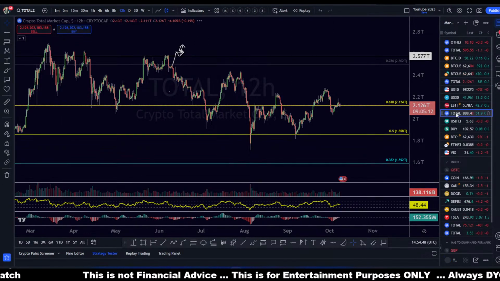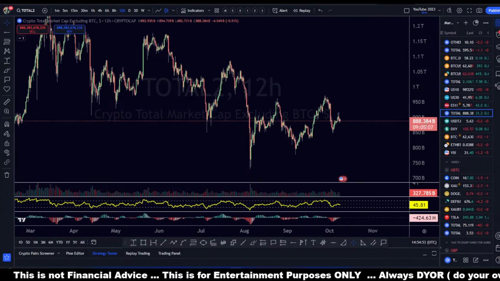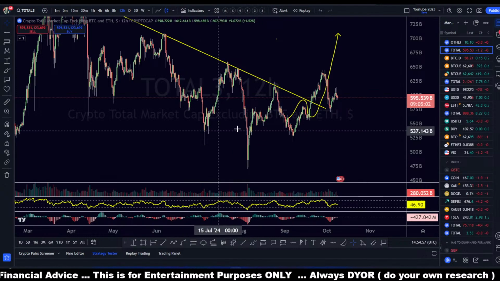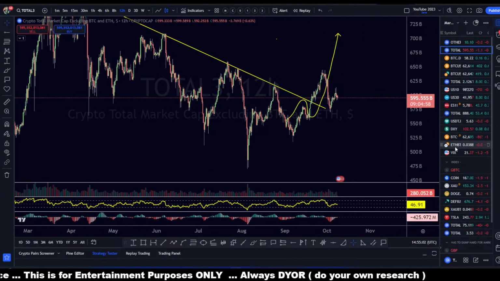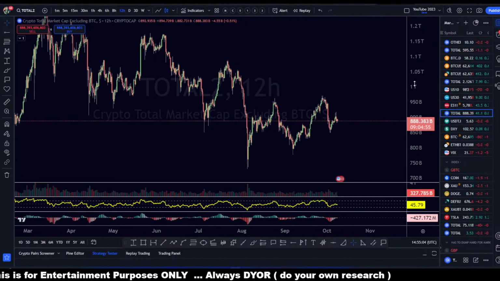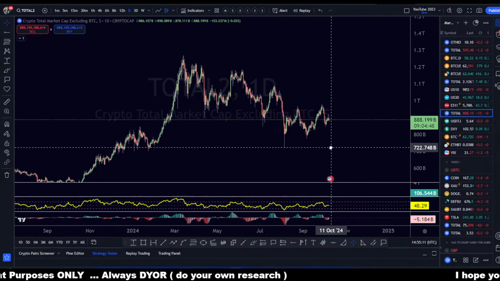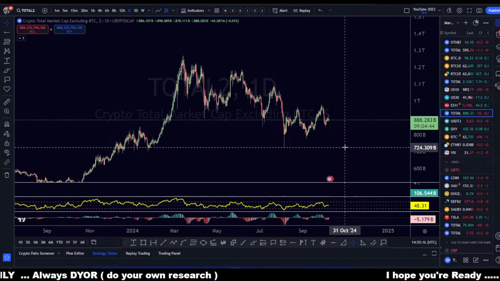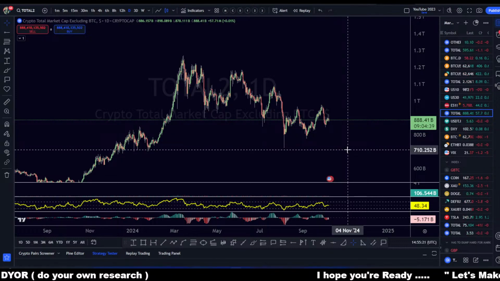Then you have total 2, which is everything excluding Bitcoin. Then you have total 3, which is everything except Bitcoin and Ethereum. Let's say we look at total 2. Where is my total 2? Here's my total 2. What does it tell us? It tells us the overall market. Well, I can kind of tell what the overall market is doing by just looking at my coin and my other coins.